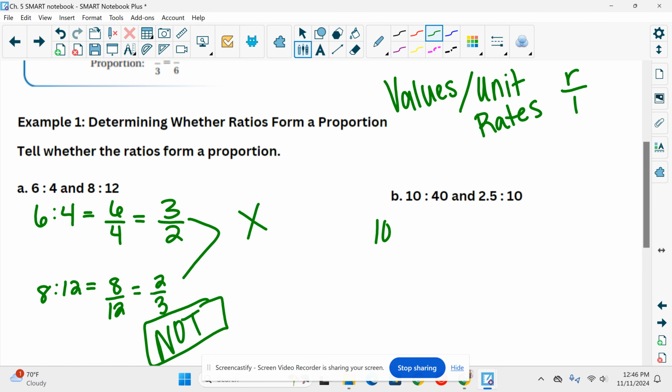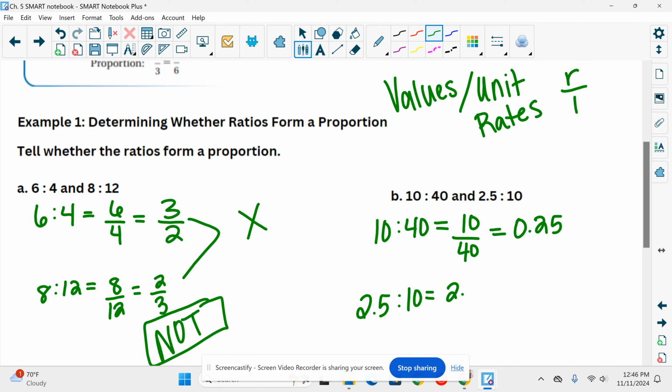So if I have 10 to 40, I can do 10 over 40, which gives me a value of 0.25 or 1/4. And then I have, you got to be careful with these decimals, those can look a little tricky sometimes. But that whole decimal goes in my numerator.